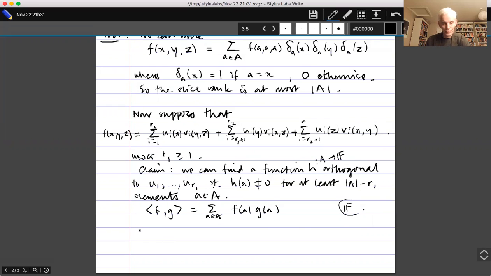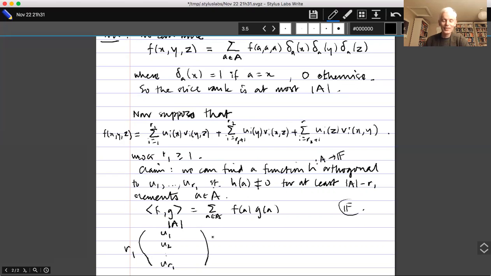So it's a piece of simple linear algebra. What's the condition on h? If we form a matrix with rows u1, u2 up to u_r1, it's an r1 by n matrix, perhaps I should have just said at the beginning that A had size n.